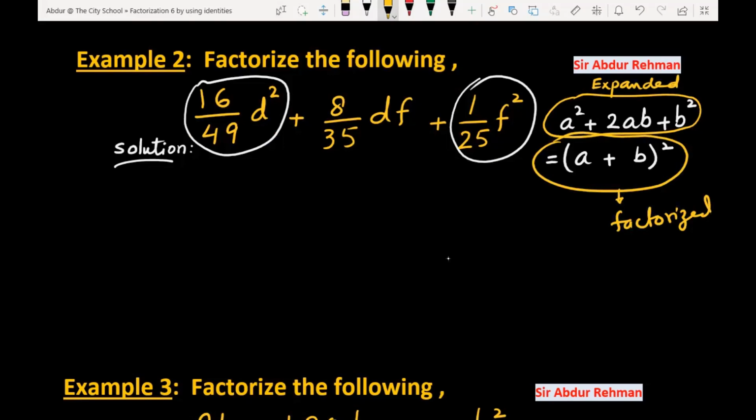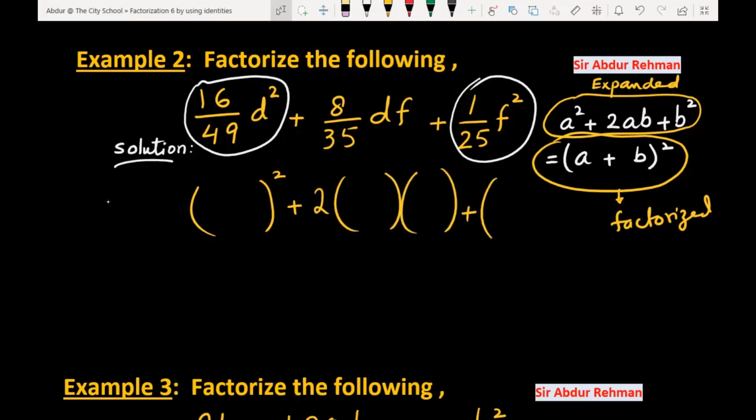So, by writing the empty bracket a square plus 2ab plus b square, now by putting all the terms in this bracket, 16 over 49 will be 4 over 7d.